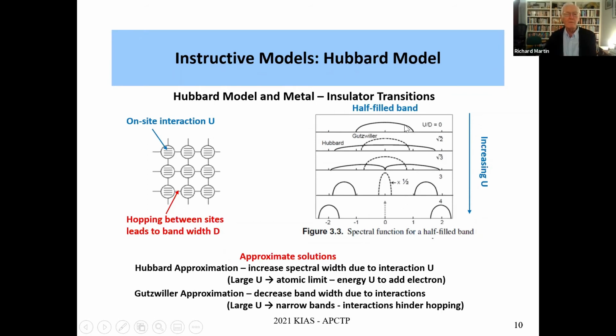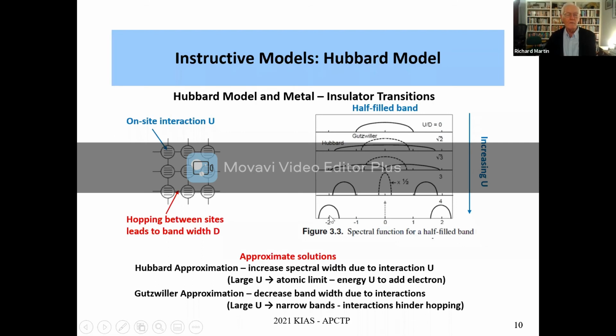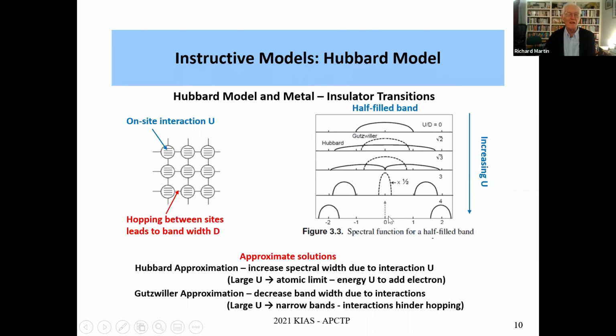In the Hubbard model, at some point you open up a gap and it would look like an insulating state. The Gutzwiller solution is the bands get narrower and narrower until they get infinitely narrow and disappear in a sense.